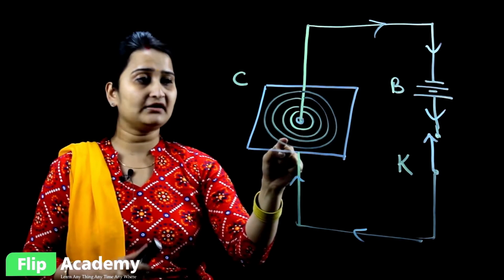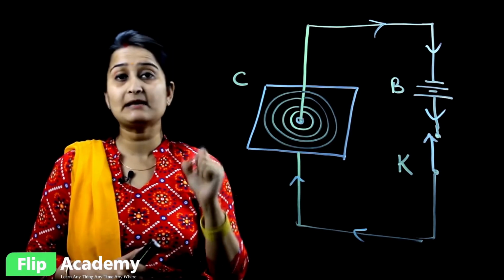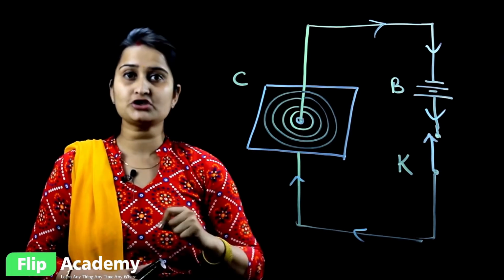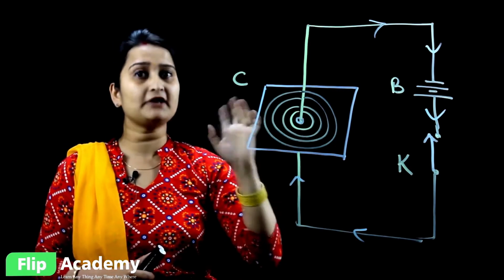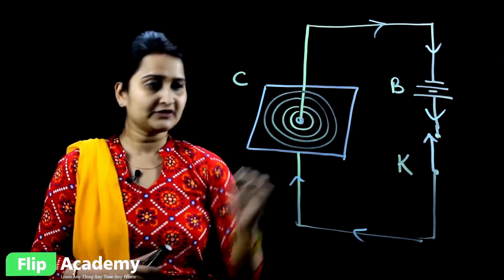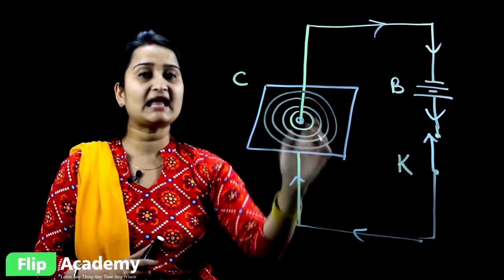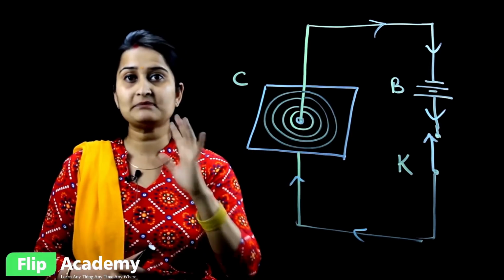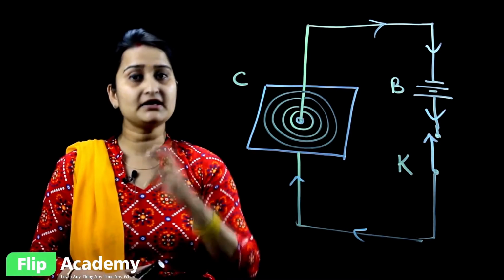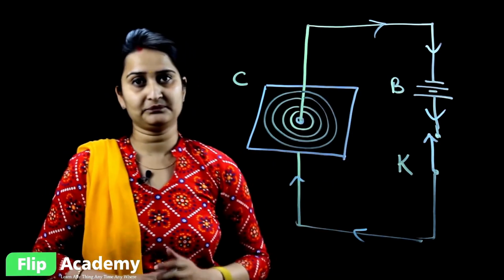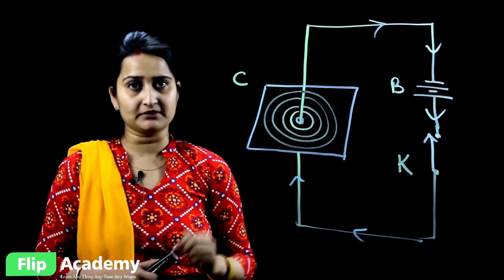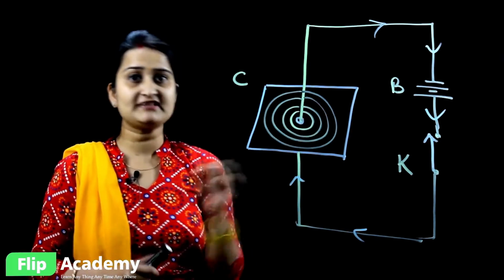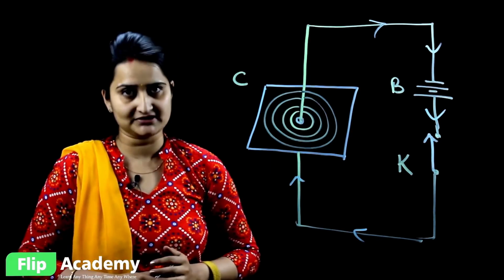Why do they arrange like this? Because the iron filings experience the magnetic force created by the magnetic effect of the current flowing in the copper wire. So these are the magnetic lines of force formed by the iron filings under the influence of the current. Now let's see in which direction they will rotate, whether in the clockwise or the anti-clockwise direction.